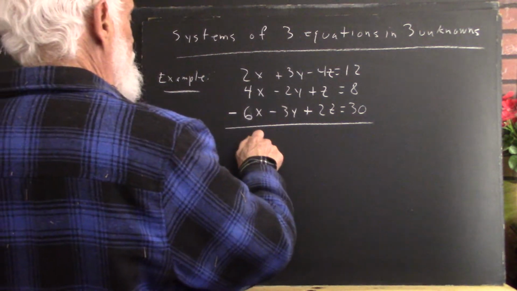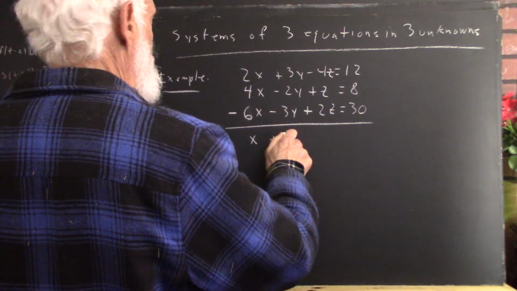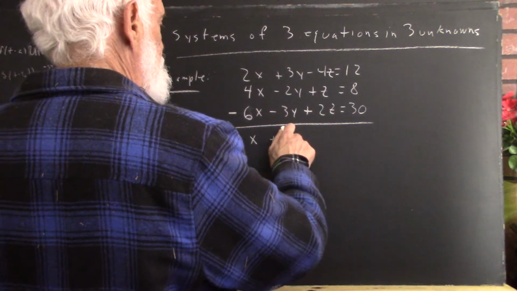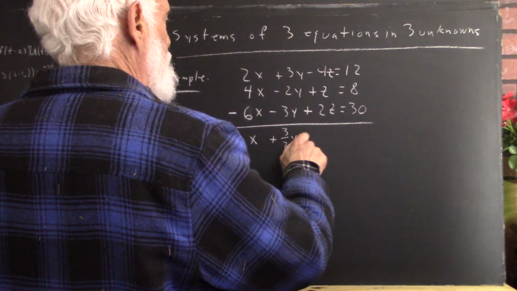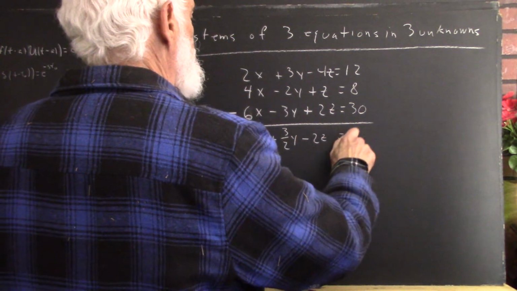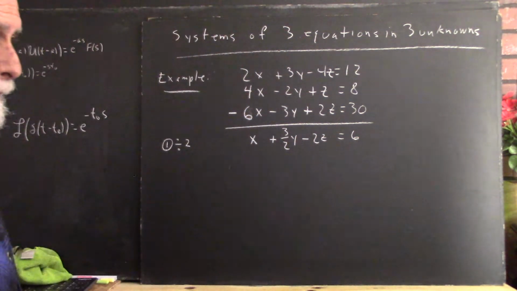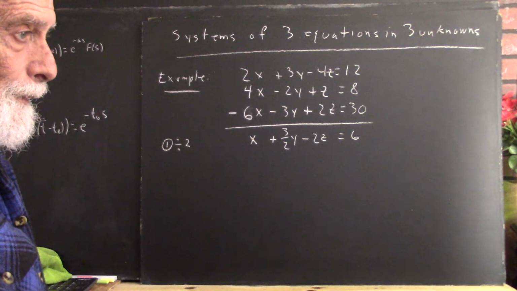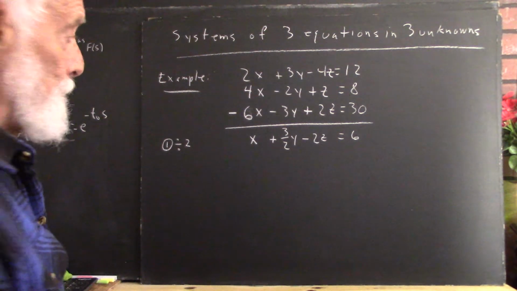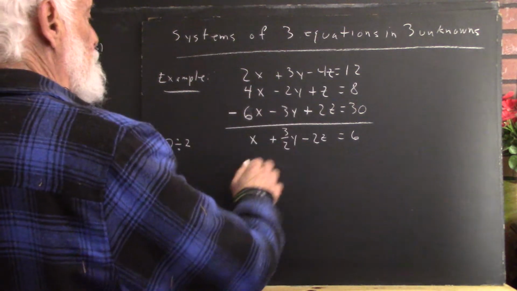That's going to give me x plus 3/2 y minus 2z equals 6. And then the other two equations are not going to change.